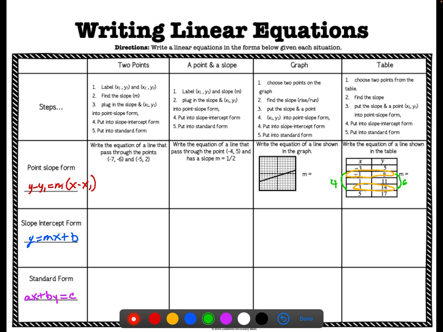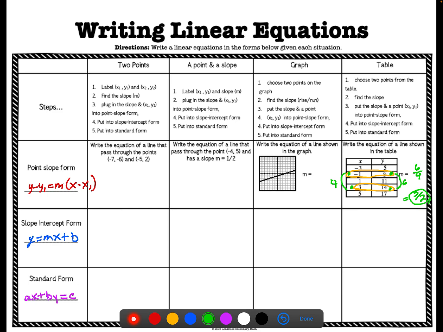So we know that our slope is y over x, so 6 over 4, which simplifies to 3 over 2. If that doesn't make good sense to you, then all we have to do is y2 minus y1 over x2 minus x1. And that's where we get our 6 and 4 from. Either way, the slope is 3 over 2.